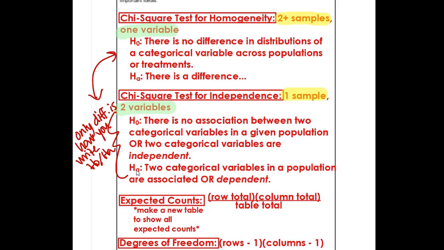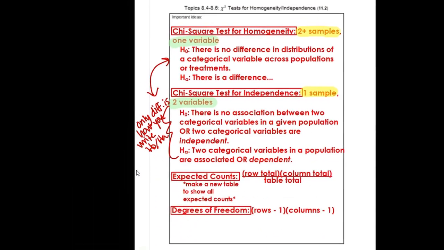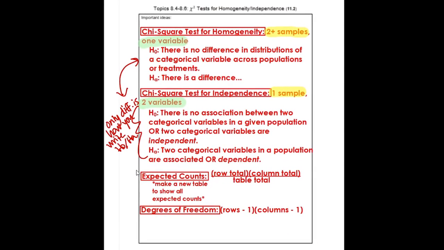With the homogeneity, you have two samples, and we're just comparing one distribution across the two groups or more. And with the test for independence, we're seeing if there is an association between the two variables for the one population. So it's kind of an important difference, but that's the only thing different about them. So pause here to copy it down and then try to check your understanding. And I'll go over some tips and tricks on the next page.